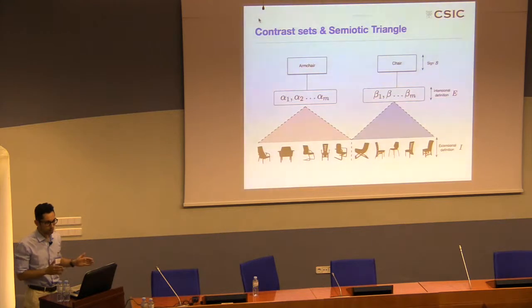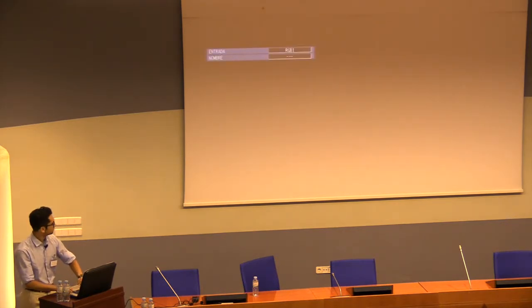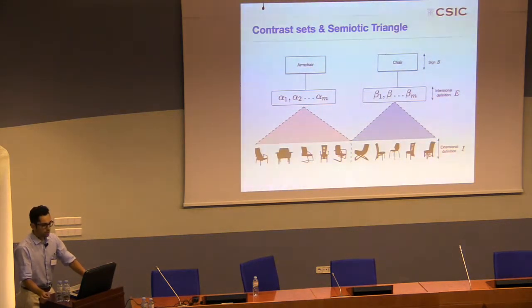A contrast set will be a partition of the domain of seats into different things: armchair, chair, etc. One condition for those contrast sets to work is that a generalization from one concept shouldn't generalize an example from another concept, of course.